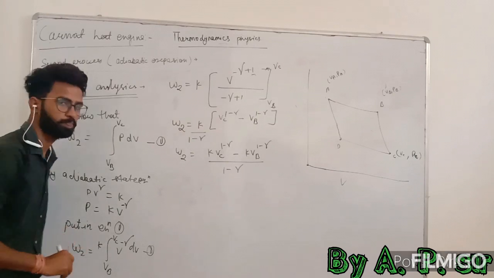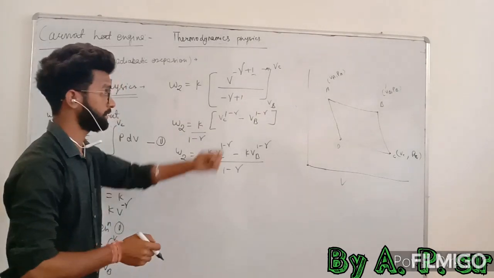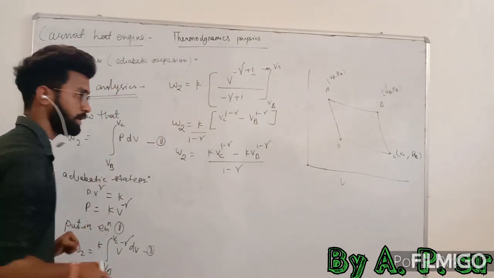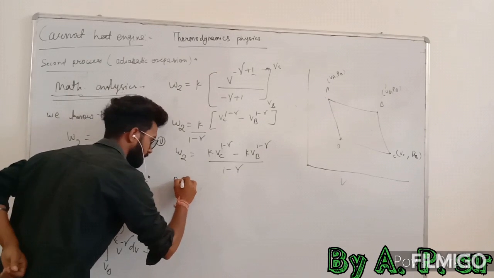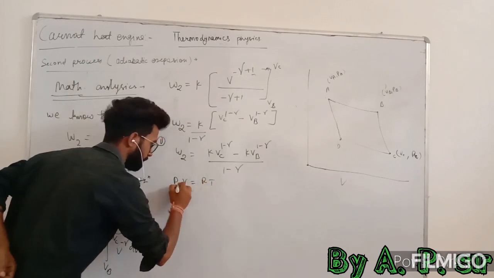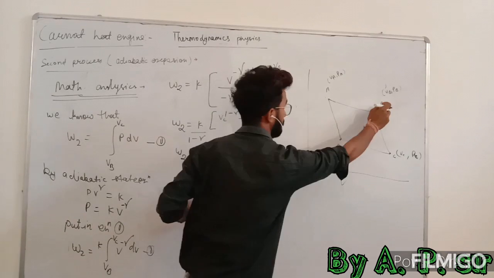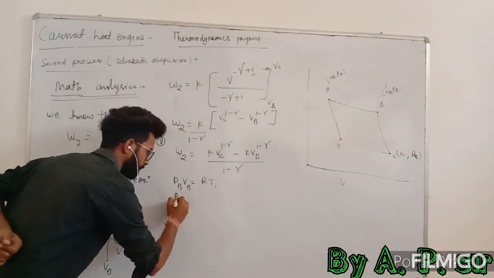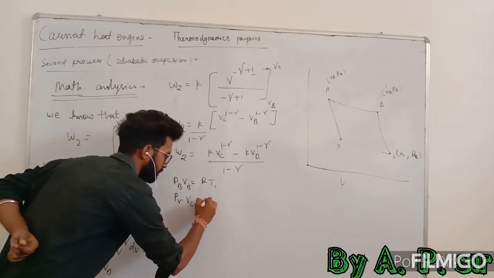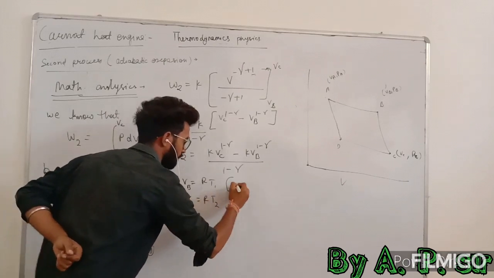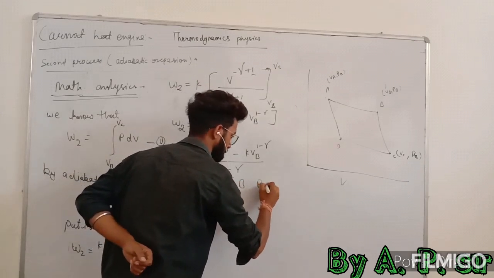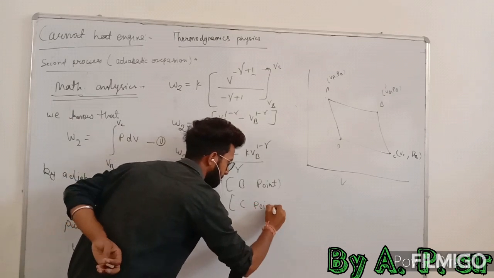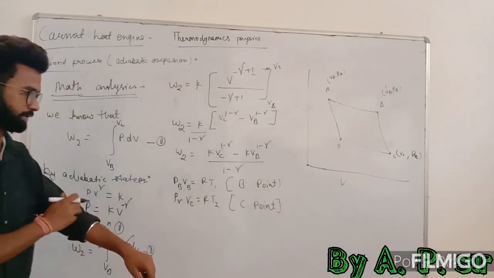Then for points B and C, PV equals RT. At point B we have temperature T1, and PV at C equals RT2.